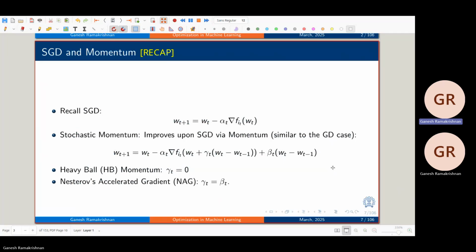And then there was this other pure momentum term, right? One is momentum within the gradient update, but the other is a pure momentum term, w_t minus w_{t-1}.